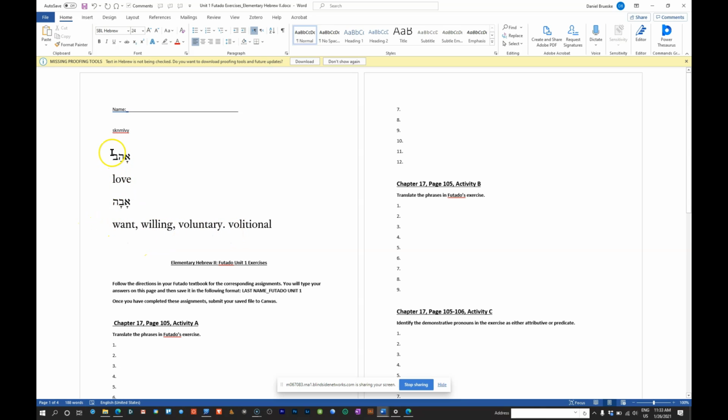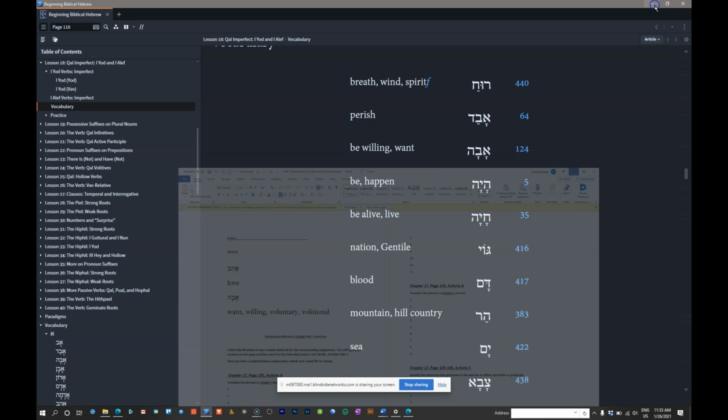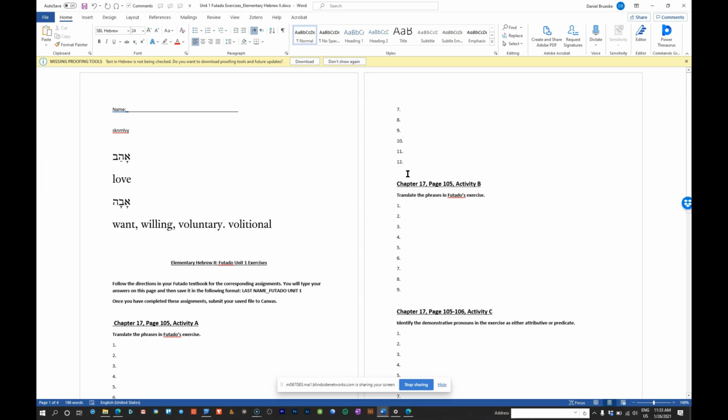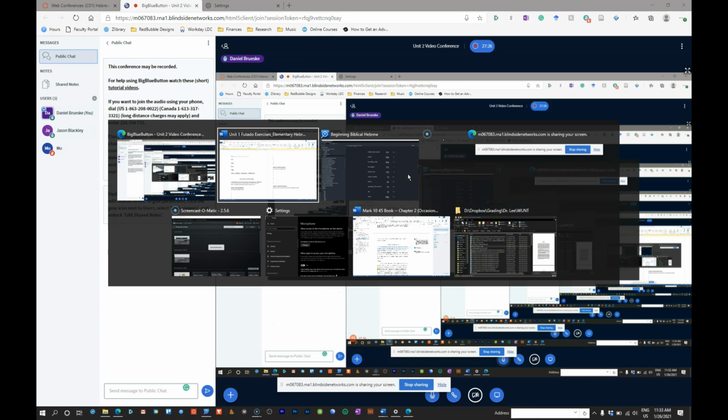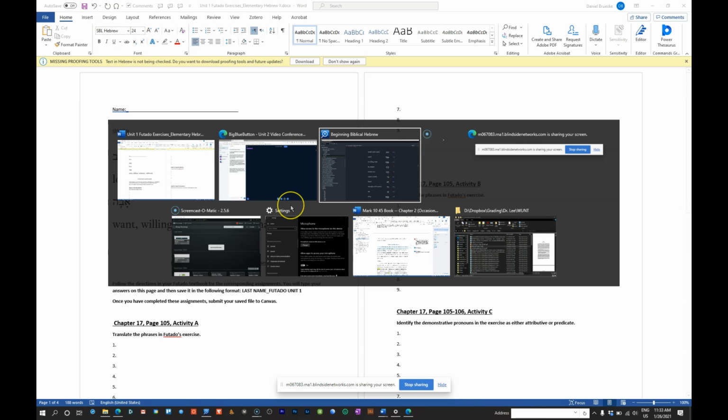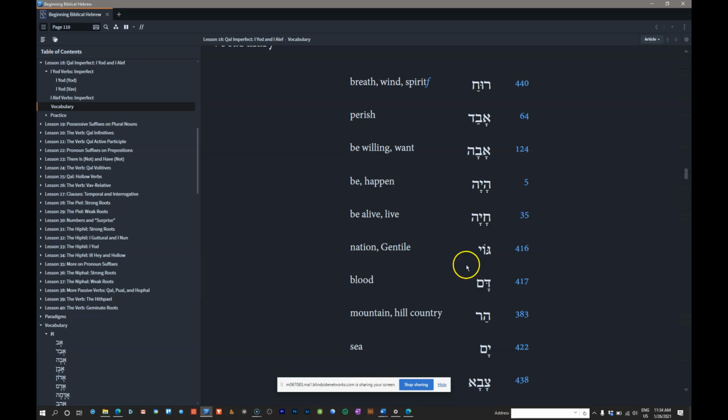When the V sound comes at the end, it's love. So that's one way to kind of keep them distinct. It can be really tricky to separate them out, but hopefully, when we get to Ahav in chapter 20, you won't get confused there.